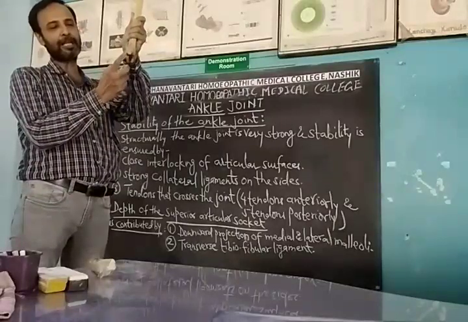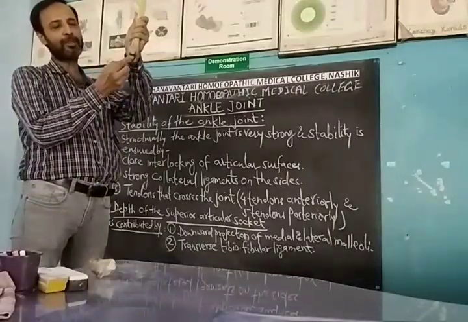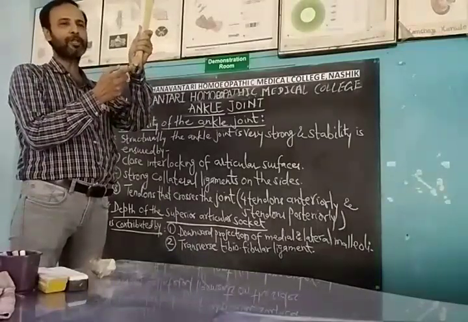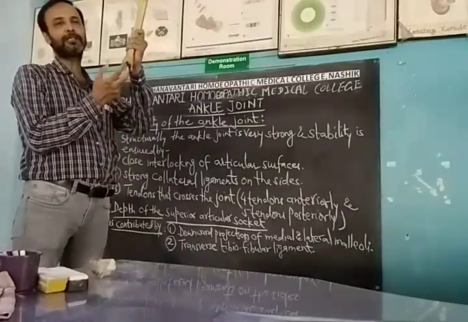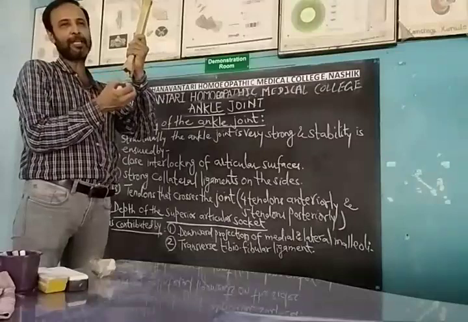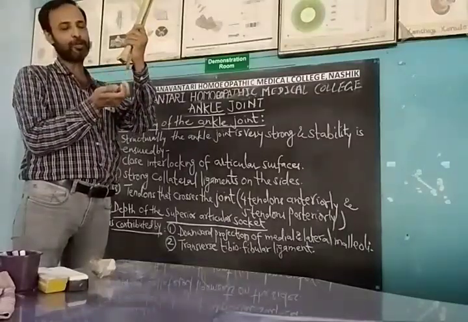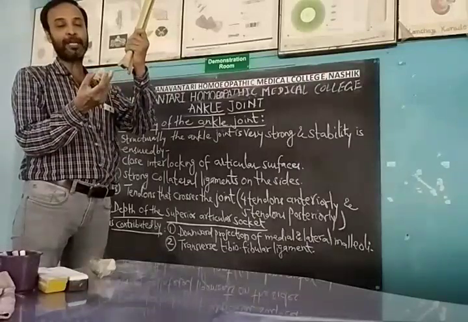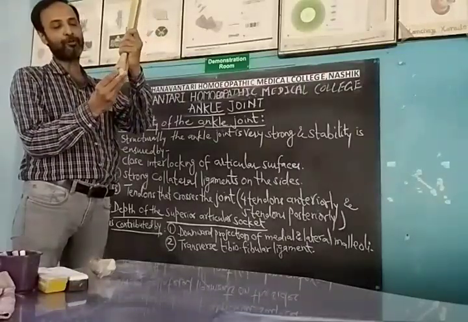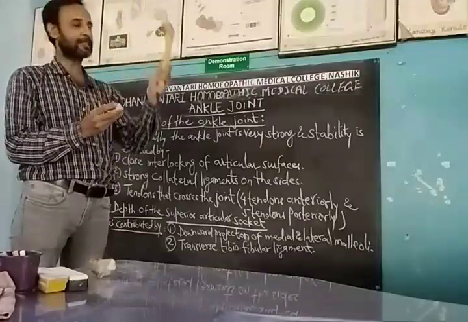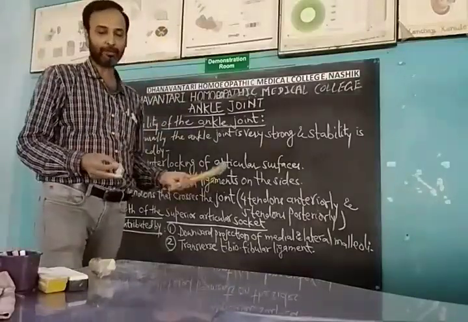Because it attaches the tibia and the fibula inferiorly, this is the inferior transverse tibiofibular ligament. So this gives stability and gives depth to this socket, the superior articular socket over the talus. Therefore the talus can easily make some movement. So this gives depth to the socket.